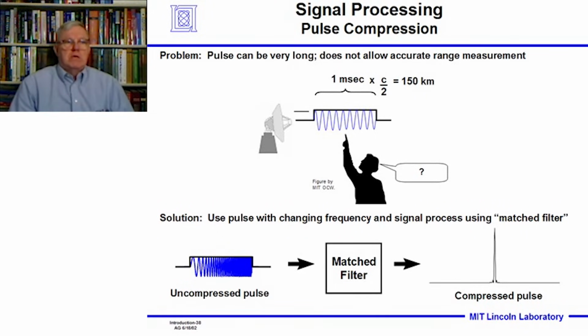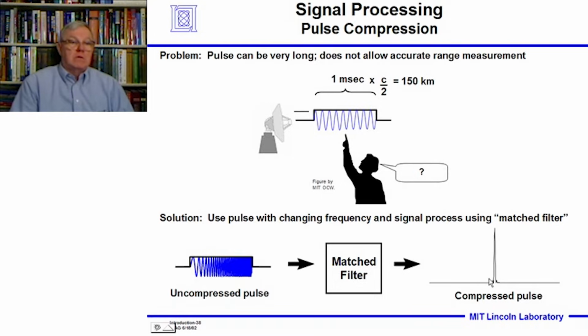What you can do is transmit one of those linear frequency modulated waveforms. Here's a visualization of what one of those uncompressed, unprocessed pulses would look like. Then we send that through some processing called a matched filter, which is the processing that optimizes the signal-to-noise ratio.